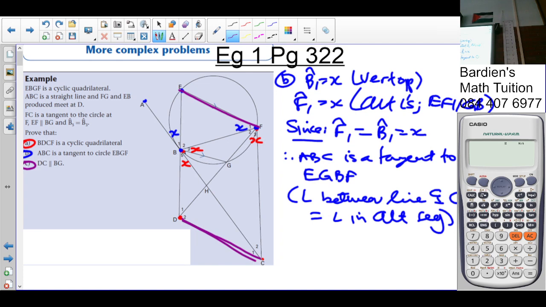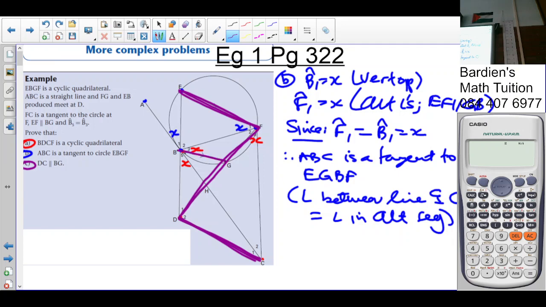If you look here, we're going to look at alternate angles being equal. Is EF not the same as BG? If you can prove that EF is parallel to DC, then it's the same as proving that DC is parallel to BG. Make sense?